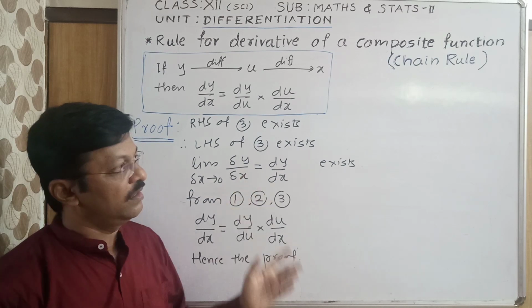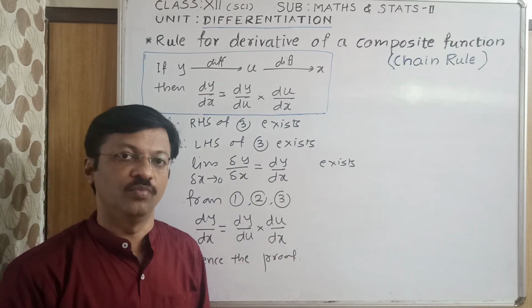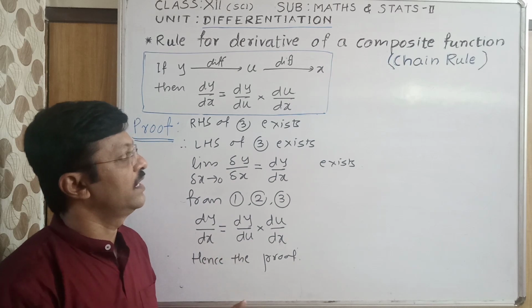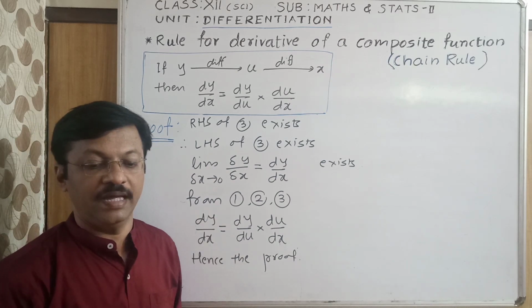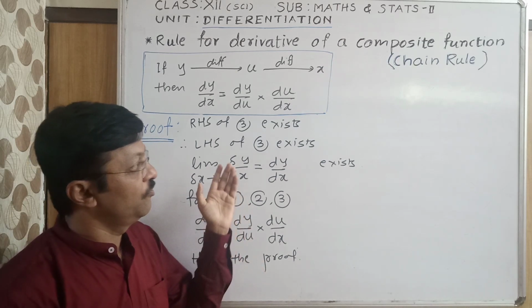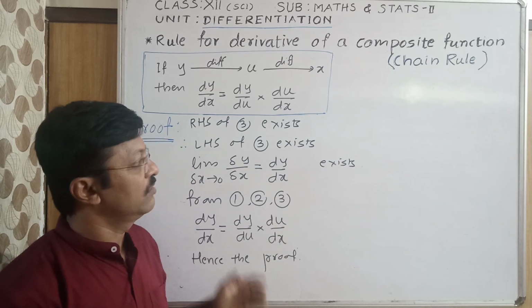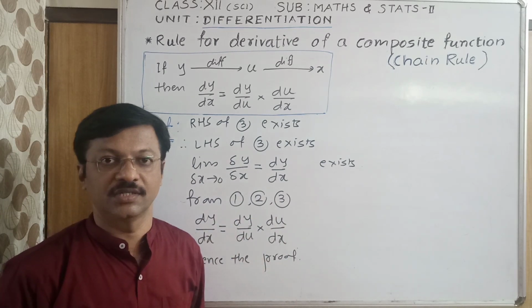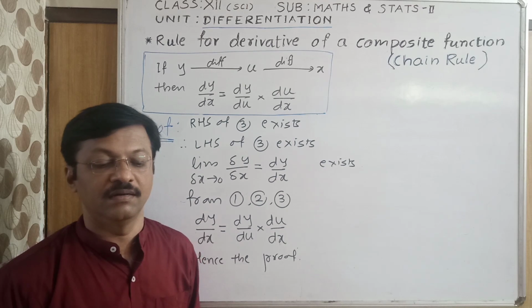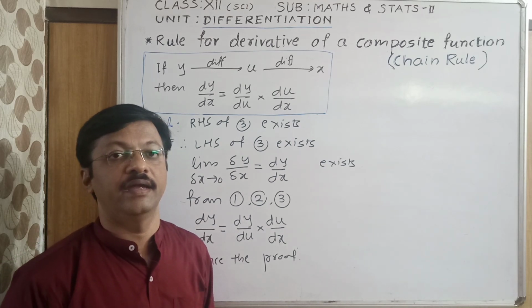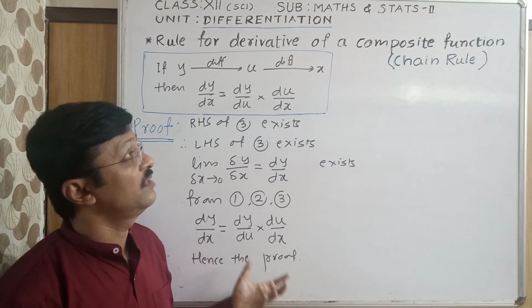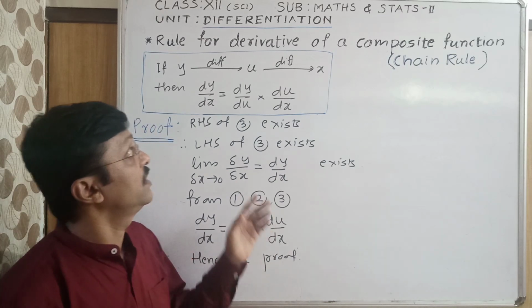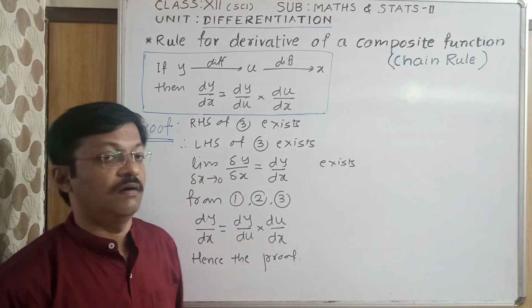But you can write this proof properly in the notebook, and then you'll understand the actual way of writing it. But you can understand it using this discussion. So let us see the examples and some corollaries based on this composite functions derivative rule in the next video.